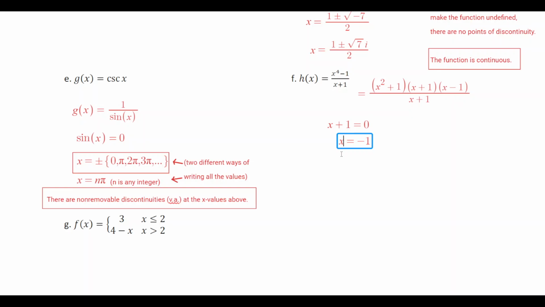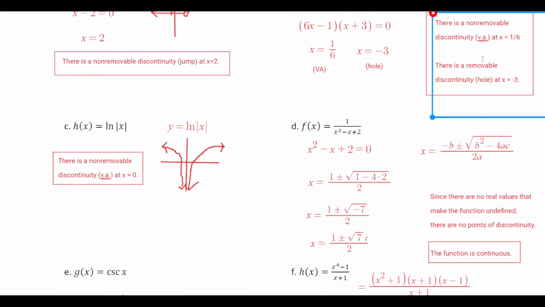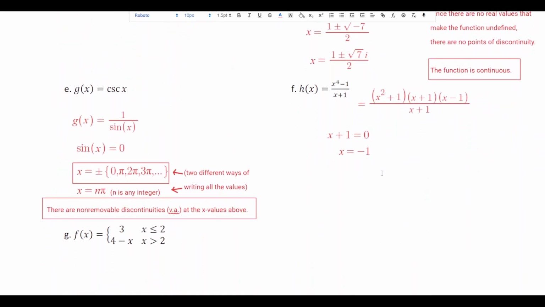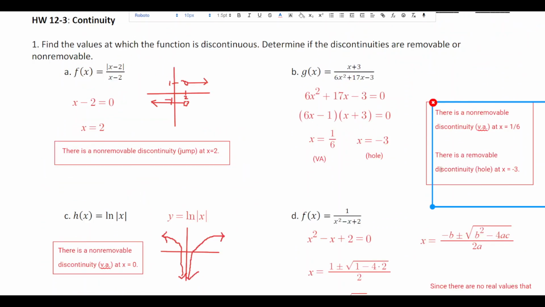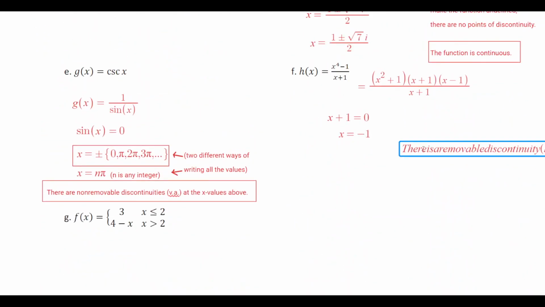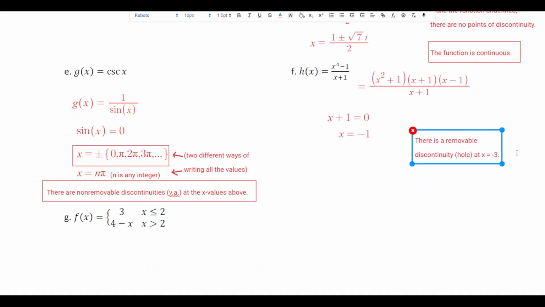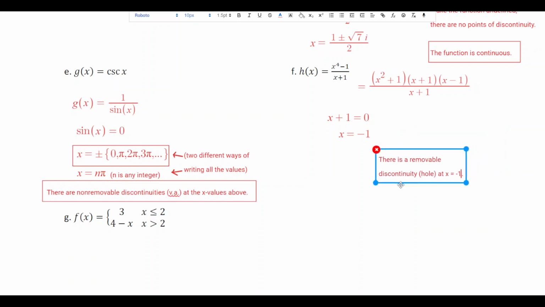So the limit exists there, and therefore we have a removable discontinuity. I'm just going to copy this wording over here at x equals negative 1. Okay, so we've got a removable discontinuity at x equals negative 1 for f.